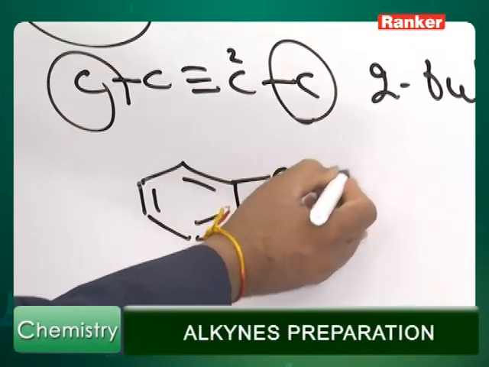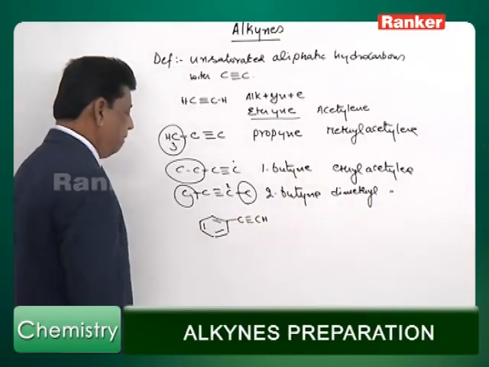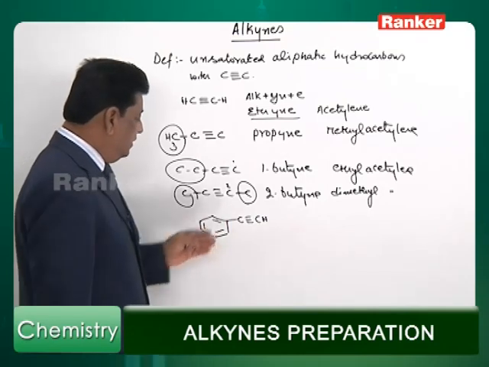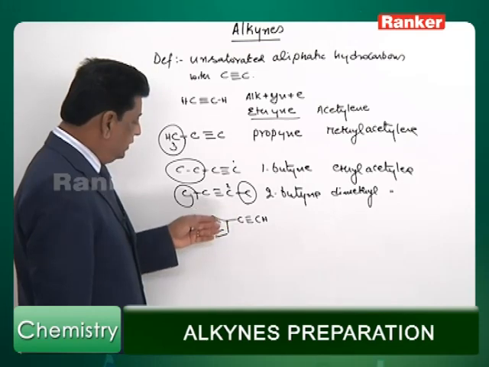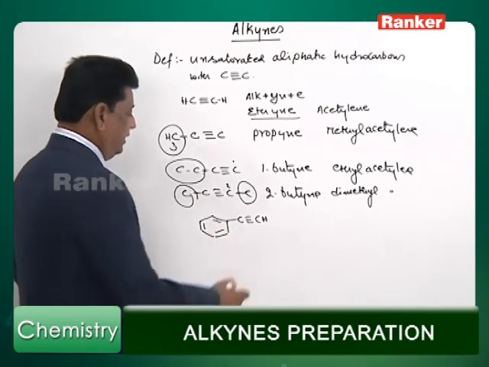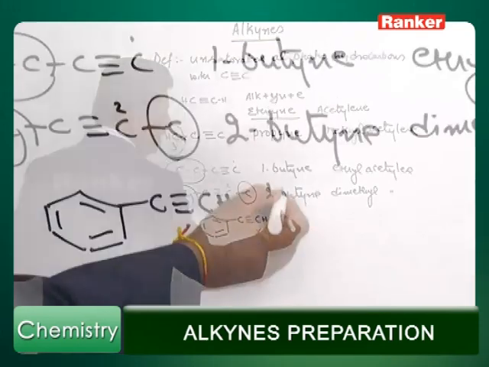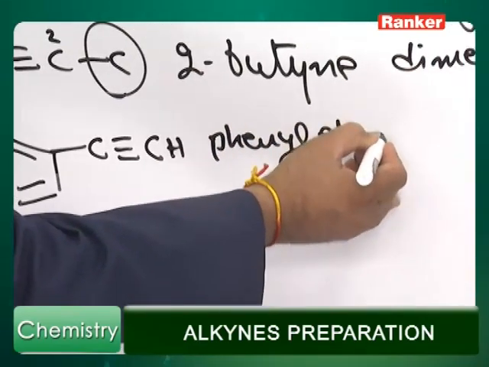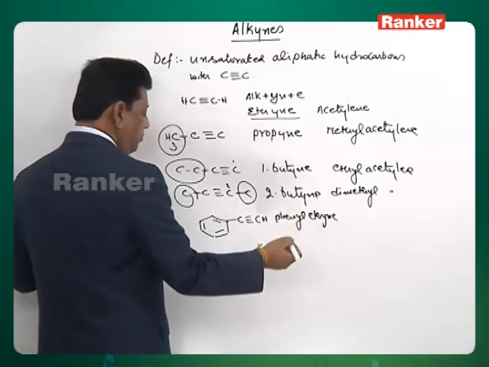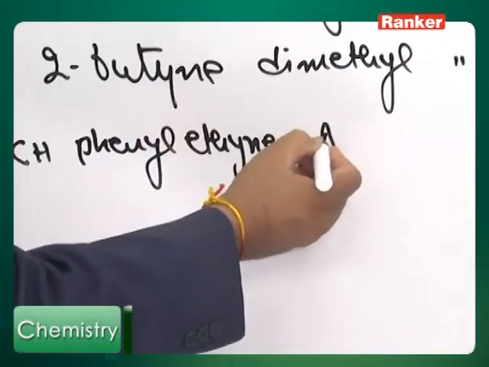benzene, in this case the benzene is called not benzyl but phenyl. So, systematically it is called phenyl containing ethine. So, you may call it phenyl ethine. Common name may be phenyl acetylene.